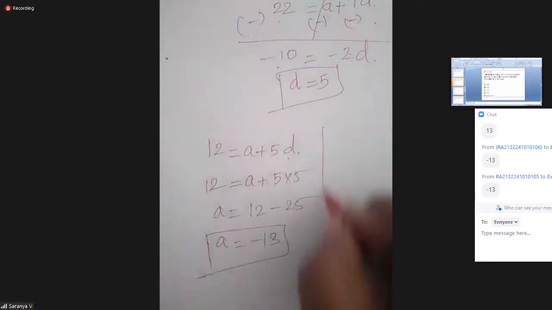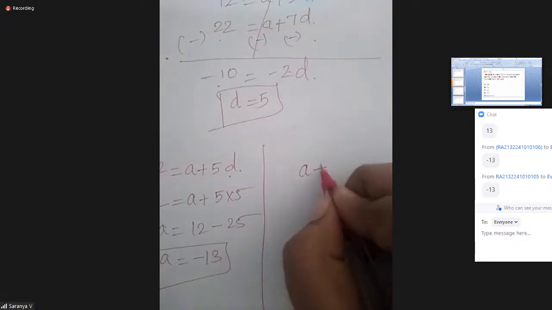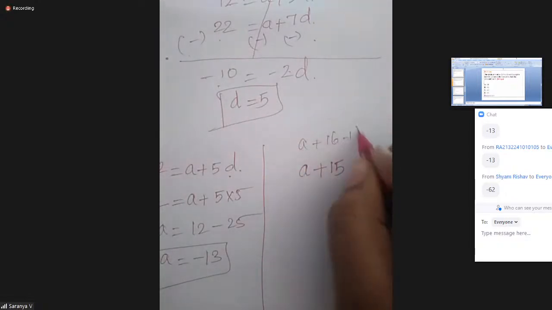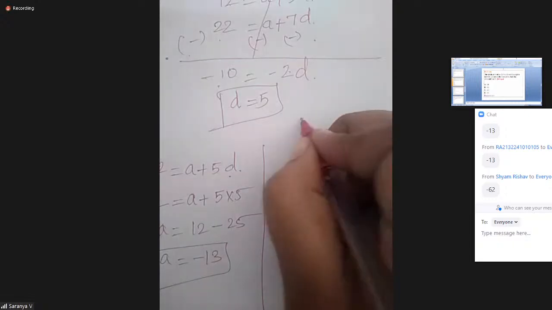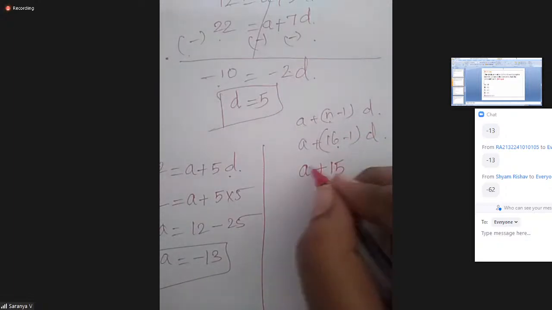Okay, find the 16th term, which means what? A plus 15d. That means a plus 16 minus 1 into d, which means what? A plus n minus 1 into d. So here n is 16. So 16 minus 1, 15. I know the value of a and d.